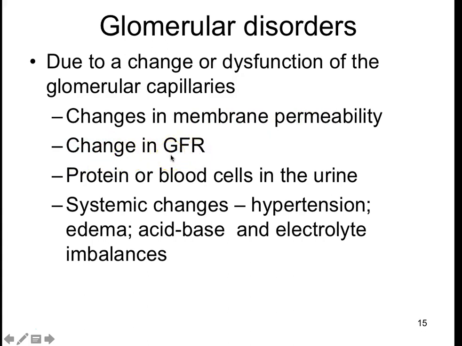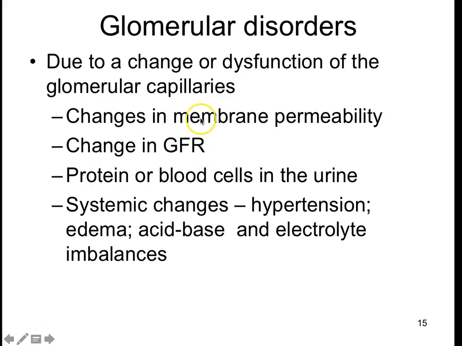G is for glomerular, F is for filtration, and R is for rate. The glomerular filtration rate is a fancy term for how fast you can filter the blood and get rid of the toxins. And we'll find out with a lot of these pathologies, it will compromise and lower the glomerular filtration rate, and that leaves the person vulnerable.